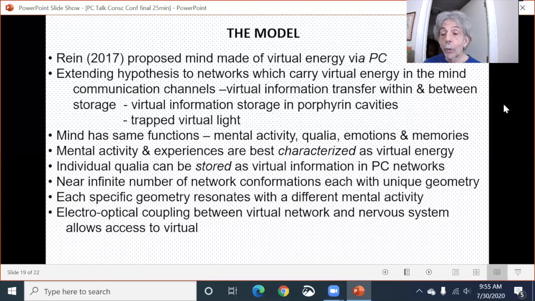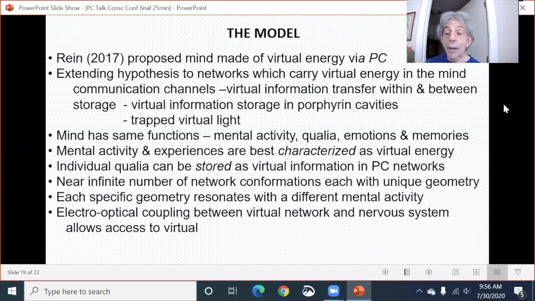So although qualia may be etheric in nature, it is stored in a physical structure. This has kind of been a dilemma for many years, although microtubules have been proposed, but there's no evidence that microtubules exhibit phase conjugation.